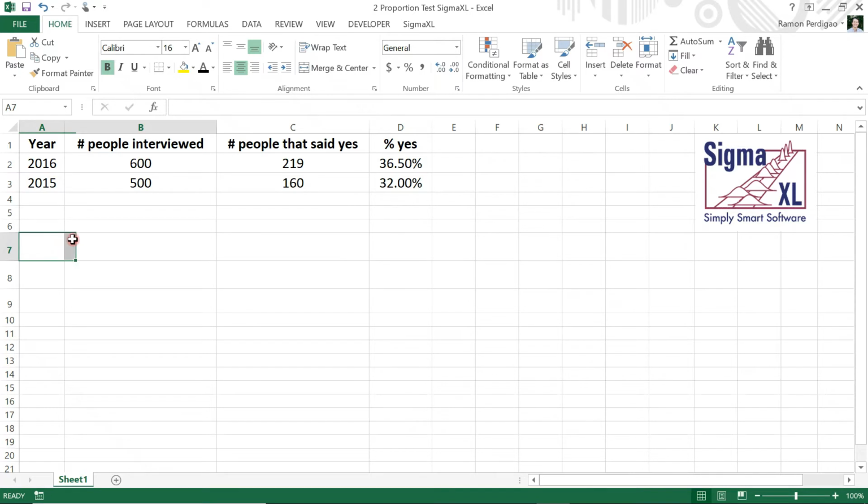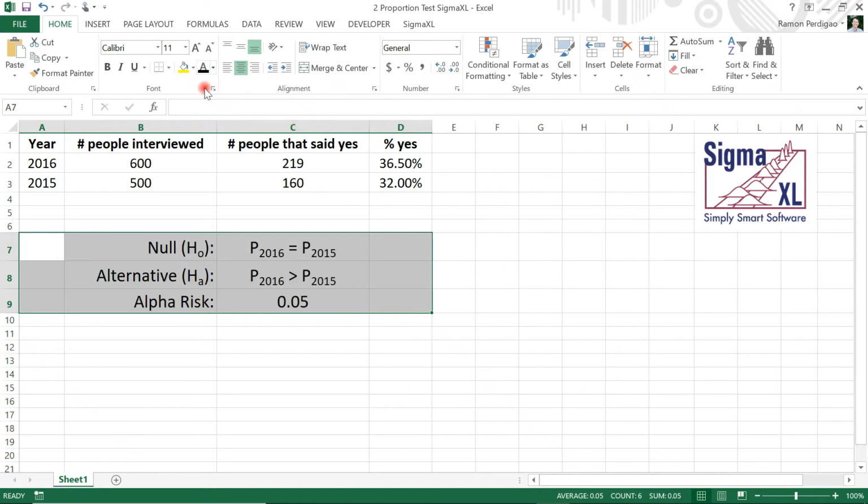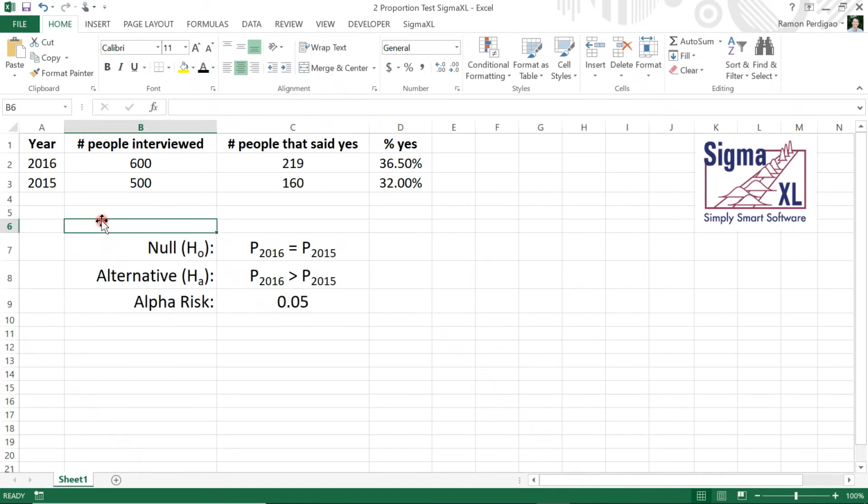Let's have a look at the things that we have to set up before we actually run the two-proportion test. Normally what we need to do is to state the hypothesis and also set your alpha risk, your significance level that you're willing to work with. So the null hypothesis here is very simple, and as always, the null hypothesis will tell us that there is no difference, there is no change, there are no news, nothing has changed.